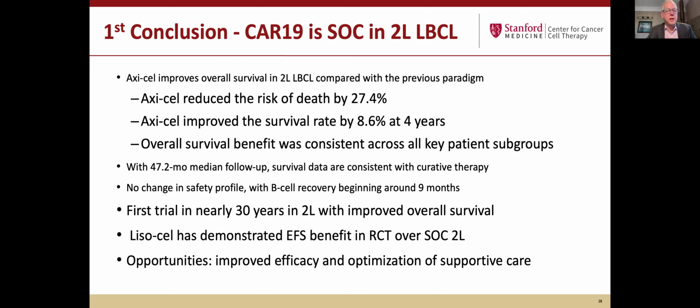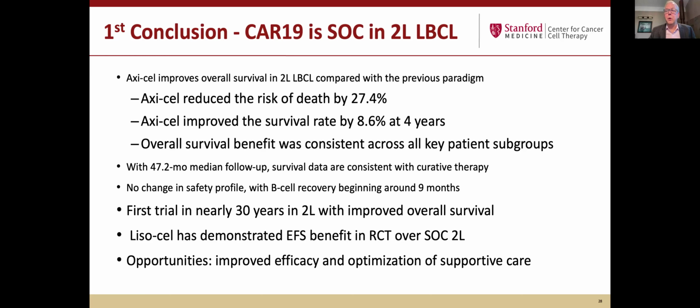This was the first of the randomized controlled trials in lymphoma to show survival benefit in 30 years. Liso-cel has similar benefits and is FDA approved in second line along with axi-cel. Tisa-cel has not achieved that recognition yet. This second-line therapy offers patients earlier treatment benefits, less toxicity, and improved overall survival.